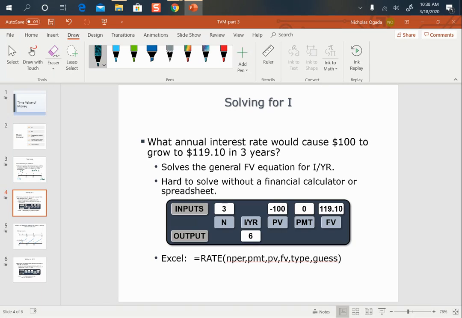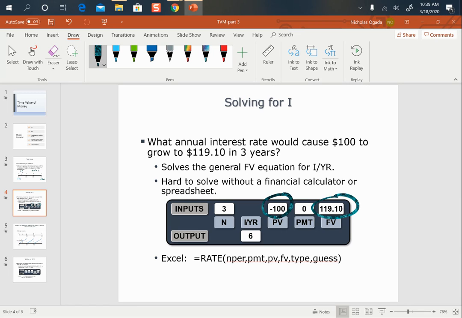If you're going to use the calculator, again, we're assuming here the compounding is done on a yearly basis and the investment is $100 today for 3 years, and so we know the future value is given to us. In this example, the future value is 119.10, and we also know the investment today is $100, so the present value is also given.